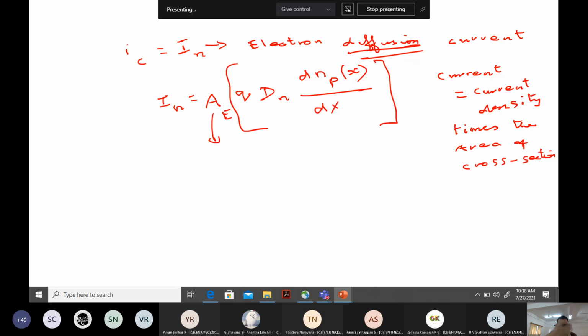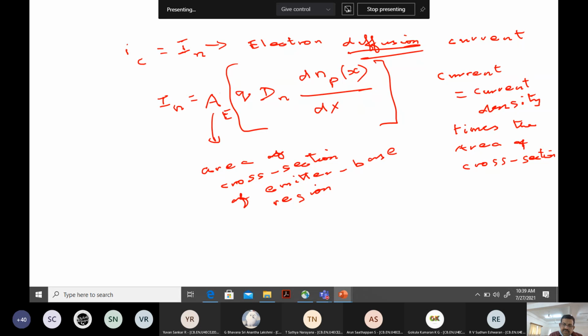The normal to the area and the direction of the current flow are the same. So current equals current density times the area of cross section, where AE is the area of cross section of the emitter base region. So this is in general.